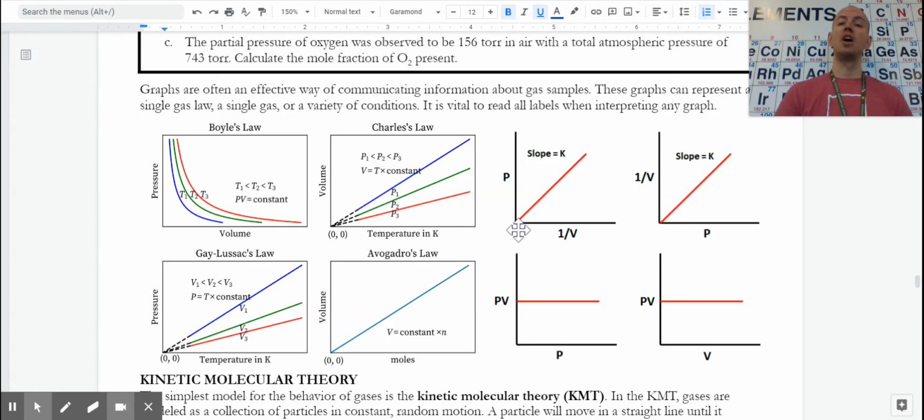And in that case, we would see a positive line with a slope. We can also graph different variables times one another as pressure or volume or moles or temperature changes. So no matter what you're presented, it's very important that you understand the data on the axes and how that's showing what's going up and what's going down in different scenarios.